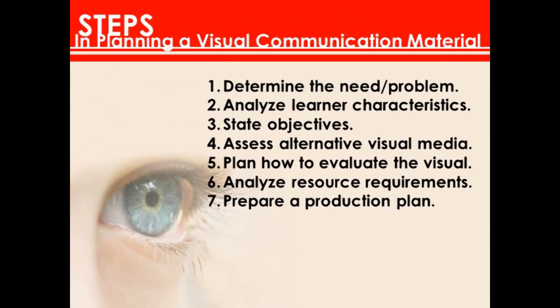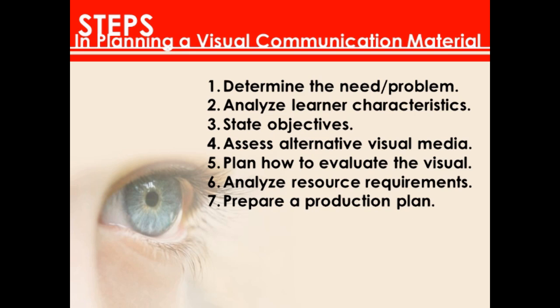First, we need to determine the needs, problems, or constraints that visuals will help meet or solve. Then we analyze learner or audience characteristics. In this step, we determine the capabilities and limitations of our learners. These characteristics can help us in deciding what elements to put in our visual materials.